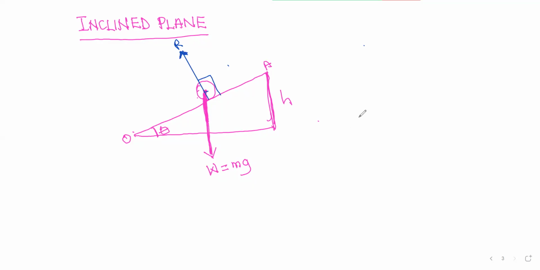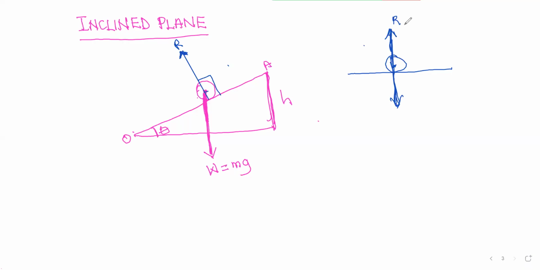Okay, so when we're looking at a body on the flat ground, we saw that if this is the weight, there is also an opposite force, which is the reactional force.